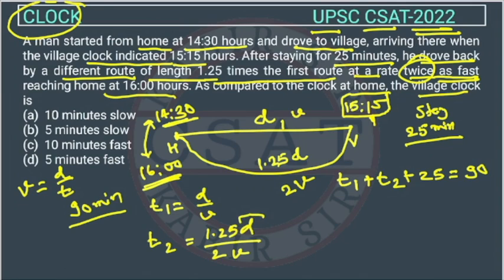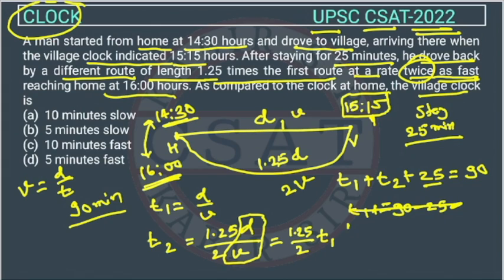D upon V we already know is T1. So we can write 1.25 upon 2 times T1. So T1 plus 1.25 T1 upon 2 is equal to 90 minus 25.